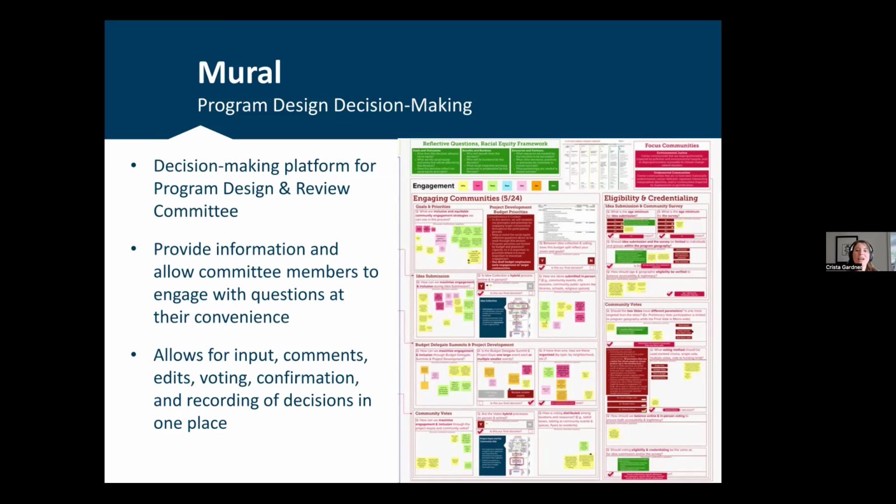And we also have a check mark when a decision has been made: check, this is the decision, and then that decision could go into the final guidebook, the document that guides this whole process. I'll also mention that in Mural board, you can also vote within the platform, which was really helpful. Next slide, please.